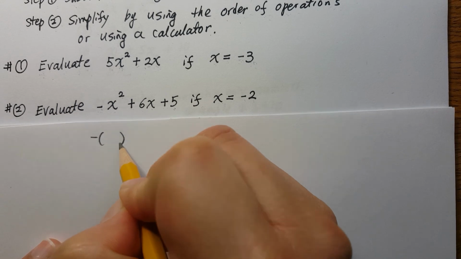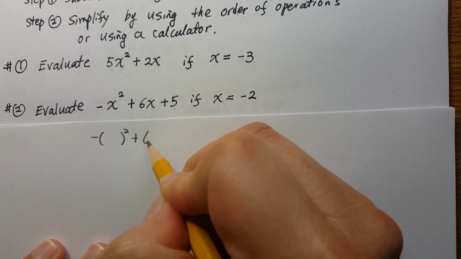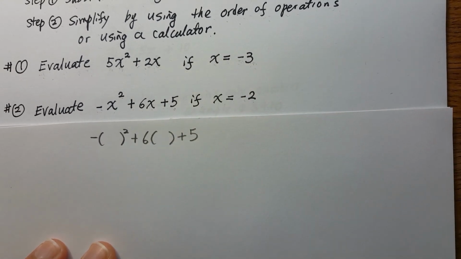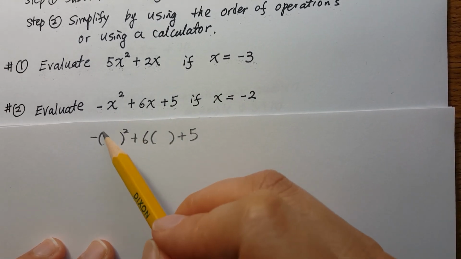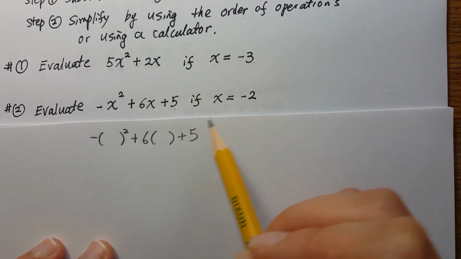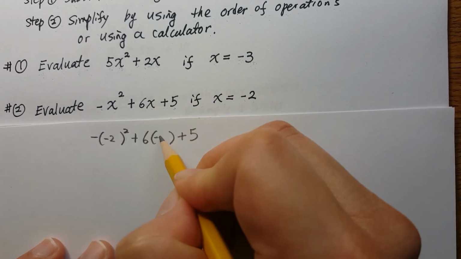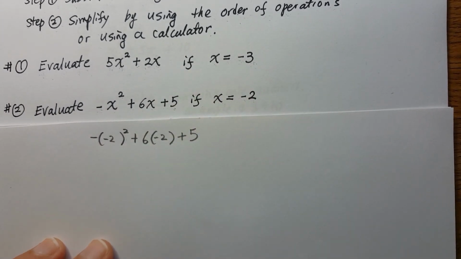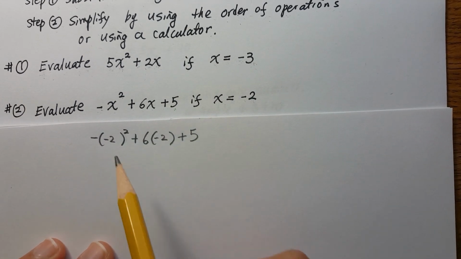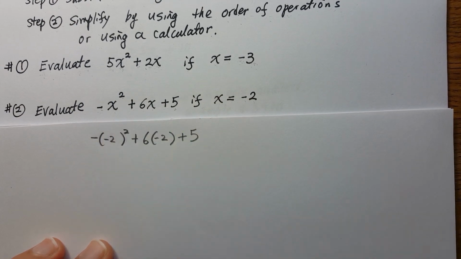When you see x, you should put parentheses and square, and plus 6 parentheses and plus 5. So one more time, when you see x, you always put parentheses. This way, you will never get it wrong. Now we substitute x equals negative 2 into the parentheses. It's very important you do this. Then you will not make mistakes, especially when there's a negative sign in front of the x squared.